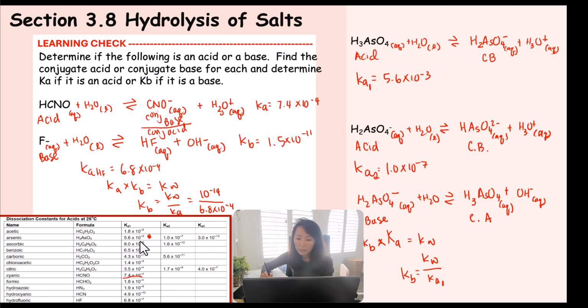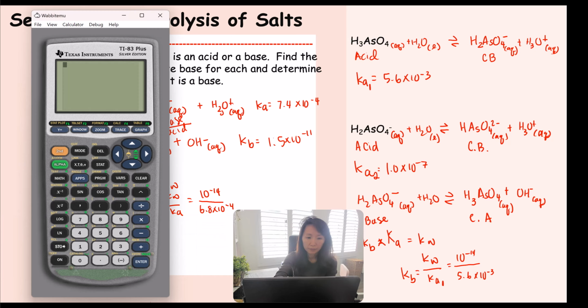So this would be 10 to the negative 14 divided by 5.6 times 10 to the negative 3. 10 to the negative 14, press enter, divide that by 5.6 times 10 to the minus 3.